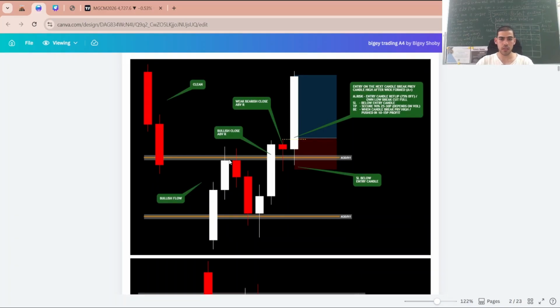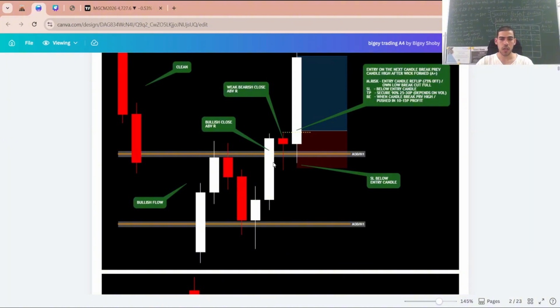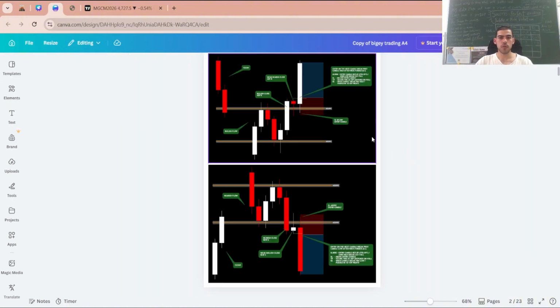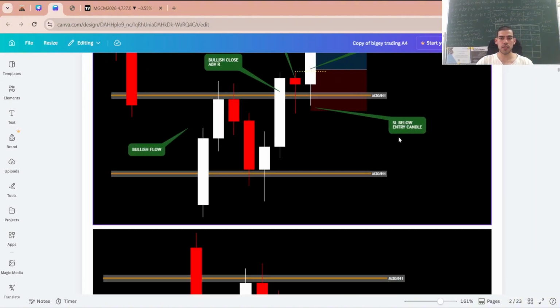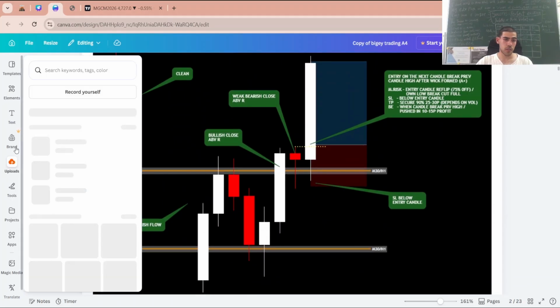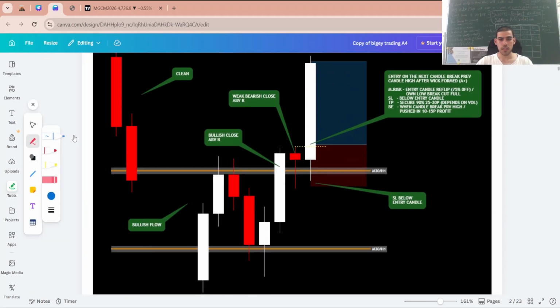As you can see here, price has closed above our line. We got this nice closure above our support and resistance line. It can be on the 30-minute or the 1-hour time frame.